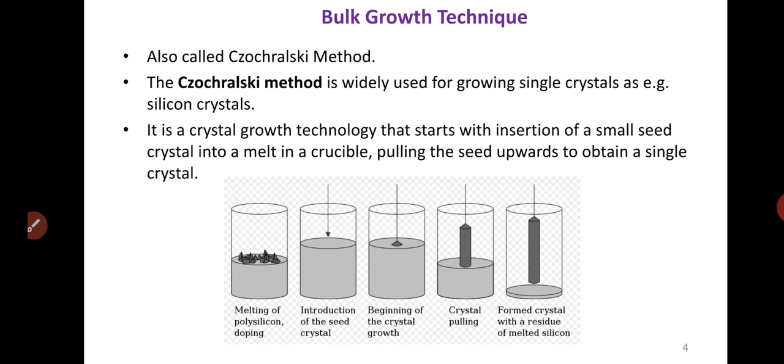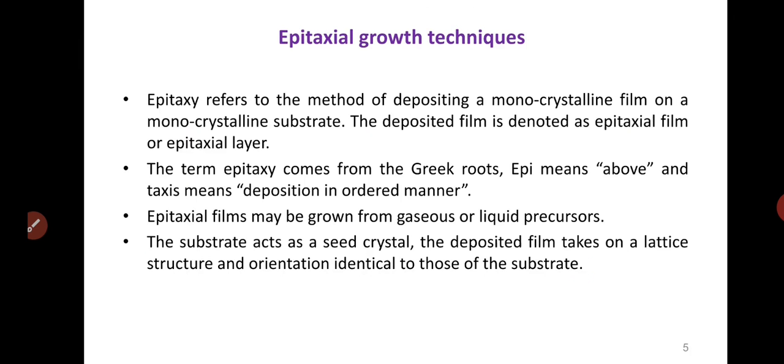These wafers are used for IC fabrications. We may also add impurities or dopants to the silicon melt to change its electronic properties.